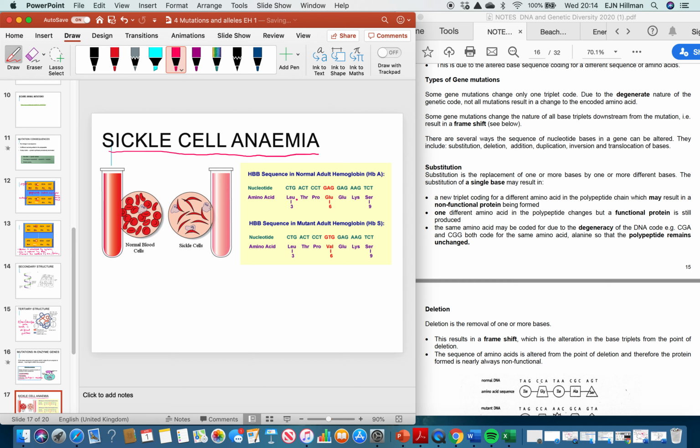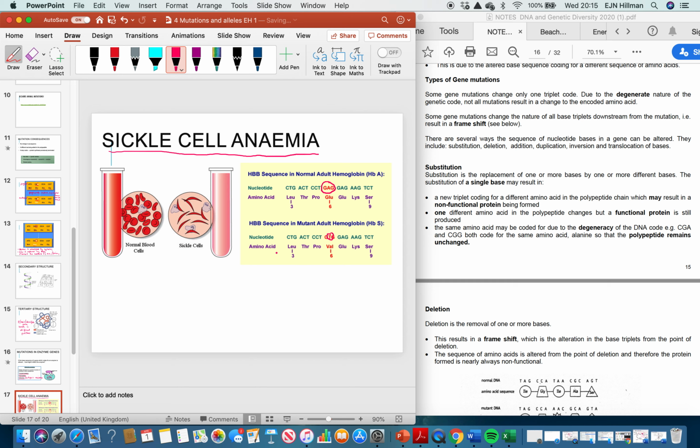Here is the amino acid sequence. If we have a look here, in hemoglobin S, the mutant adult hemoglobin S, which causes sickle cell, there is a change of the adenine to thymine in the nucleotide base sequence.